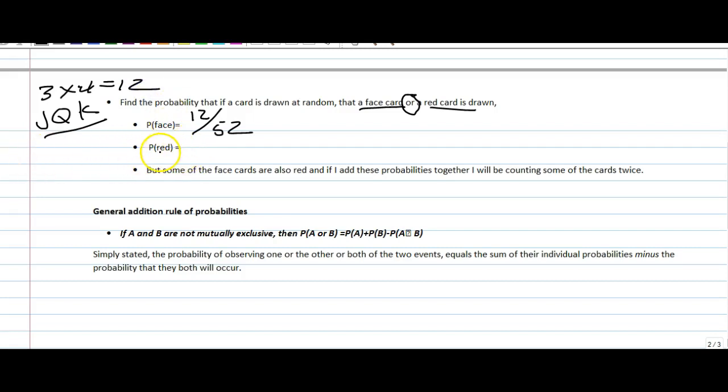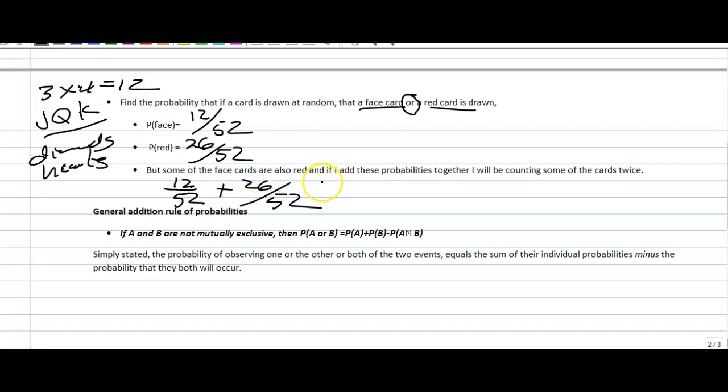Remember, the red cards are both diamonds and hearts, and there are 13 cards in each suit, so there are a total of 26 red cards. So the probability of getting a face card or a red card would be 12 over 52 plus 26 over 52 if the events were truly mutually exclusive.